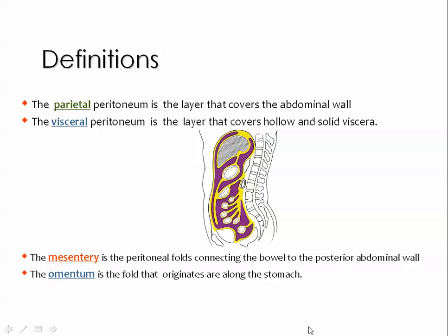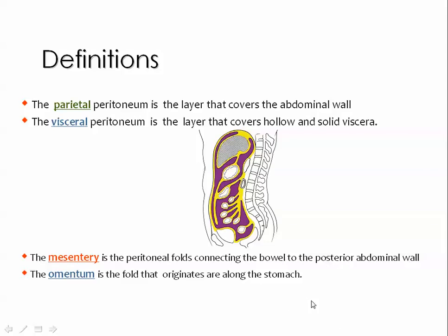The parietal peritoneum is the layer that covers the abdominal wall. The visceral peritoneum is the layer of the peritoneum that covers the hollow and the solid viscera. It's almost similar to the pleura. The parietal pleura is against the chest wall, and the visceral pleura is covering the lung.